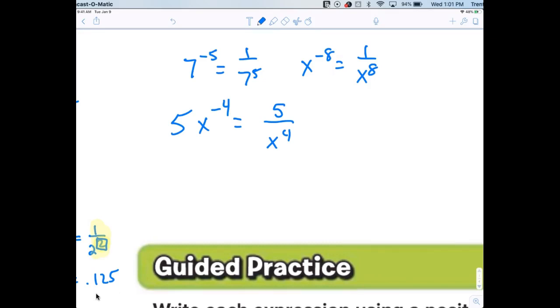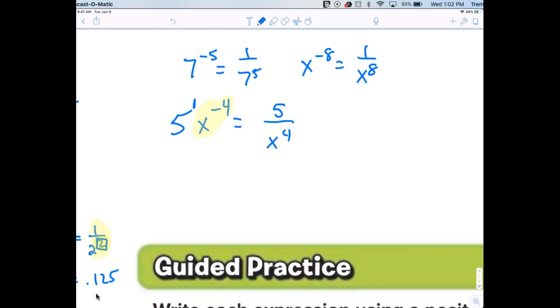What has the negative exponent here? The x. Does the 5 have a negative exponent? No. So does that move? No, that doesn't move. That stays where it should be. We want to try to keep it as a positive exponent. And that 5 technically has an exponent that is a 1.